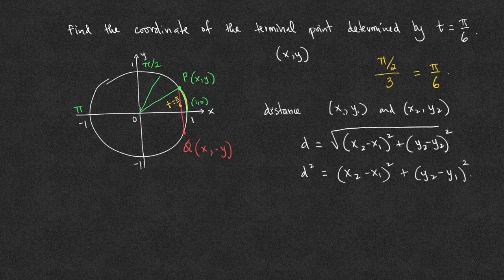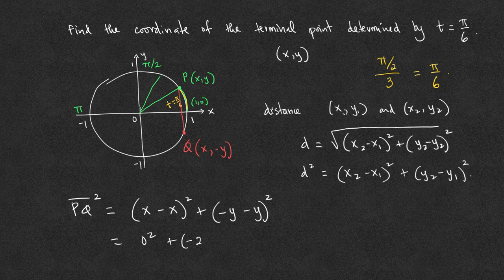We will find the distance between P and Q. The distance squared is x2 minus x1 squared plus y2 minus y1 squared. This is 0 squared plus minus 2y squared, which is 4y squared.